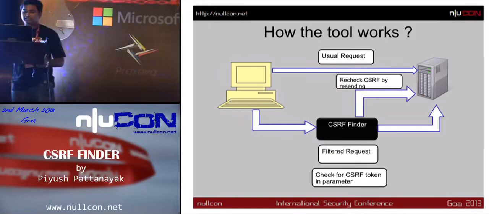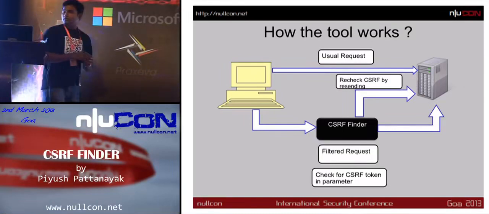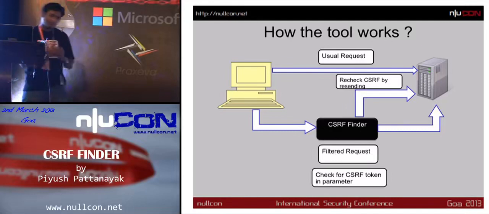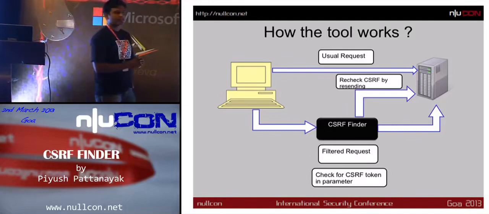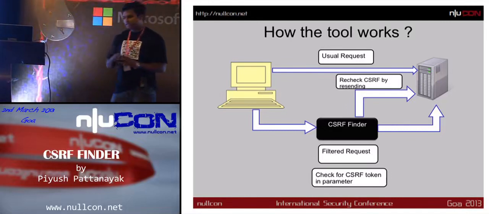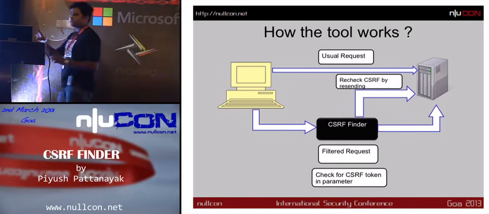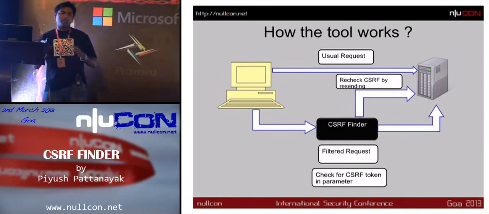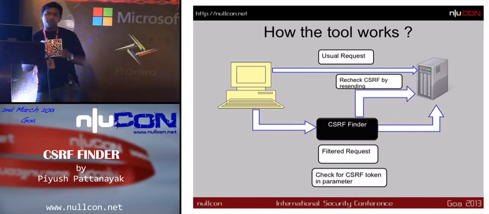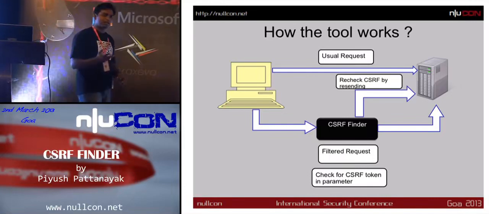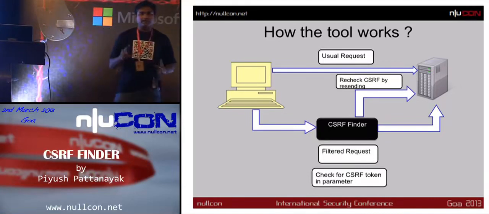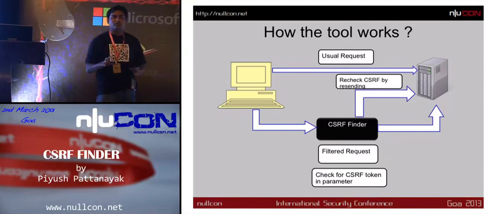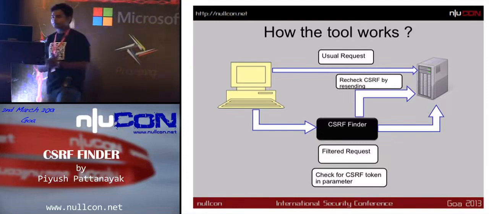So in that case, you can resend that particular request to check for CSRF. The application will send that request again to the server, look at the response, and give a result depending upon the comparison. And if you want to see it manually, the exact request and the exact HTML content rendered in the browser, that option is also available.